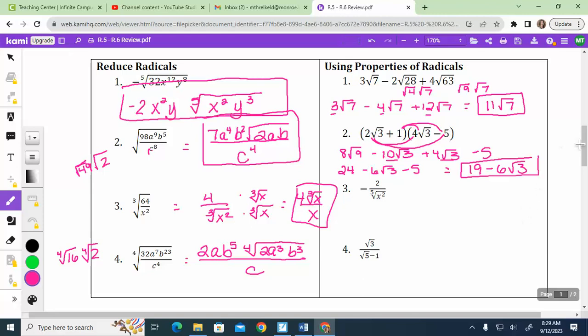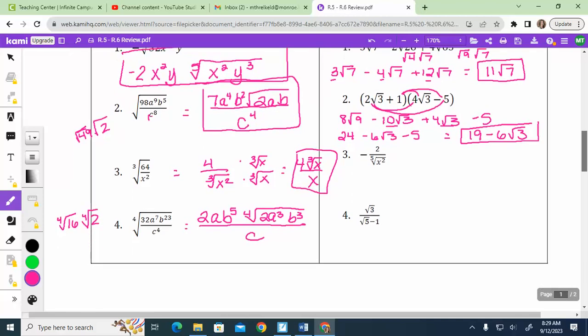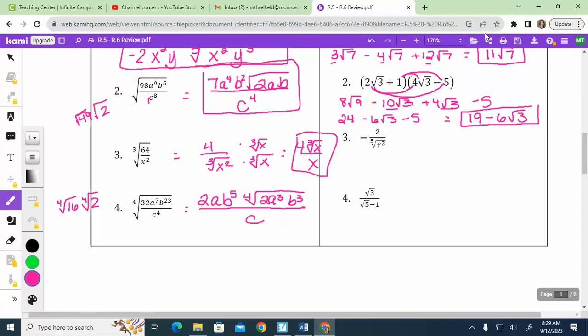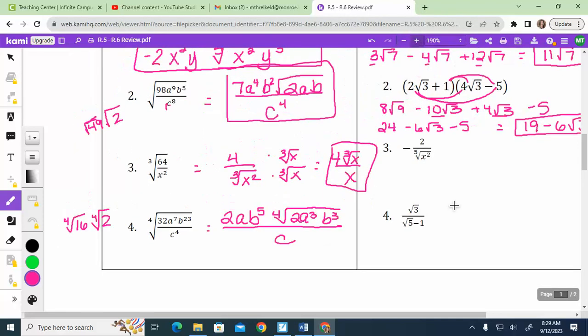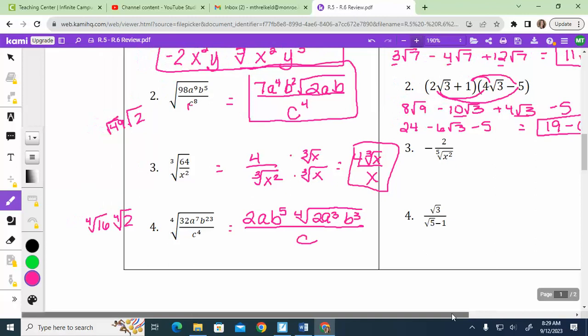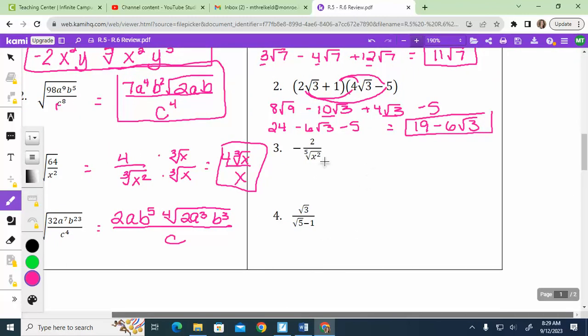Two more. What do I have to do on this one? Multiply both sides of the fraction by the fifth root of x cubed. I have 2 x's.